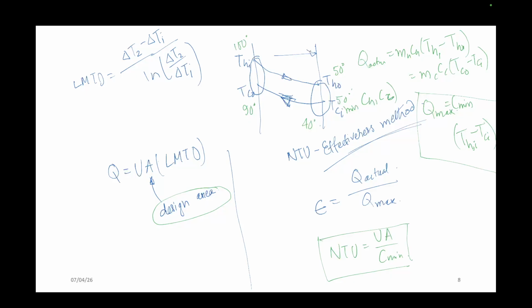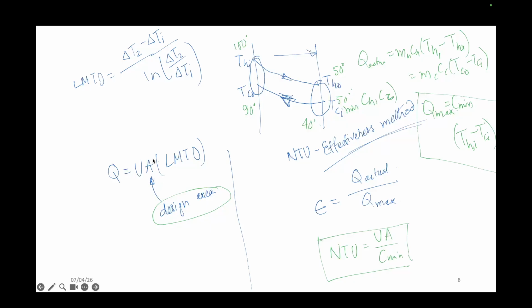Like this way you can tell what changes you will get and what temperature you need to maintain to get a high heat transfer coefficient. If you have to make a compact design, you have to utilize less area. You have a target: say you know that you will require U of this much, 400 or 500, and you know this Q. So you have a fixed value of Q and a fixed value of U, and you have to reduce area.